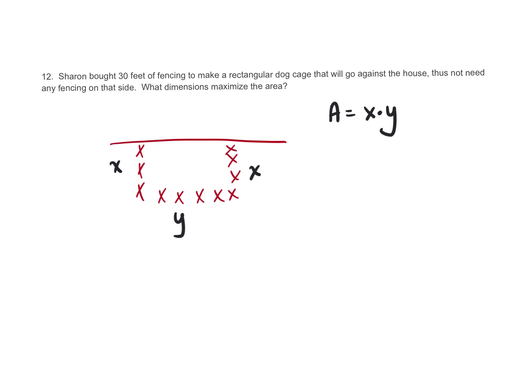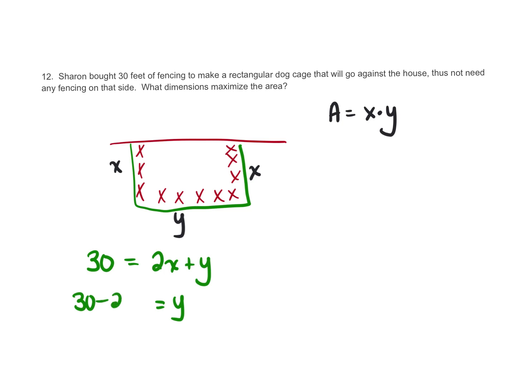It's the 30 feet of fencing. There's only 30 feet of fencing to go around this to maximize my area. So my 30 feet of fencing has to equal the 2 x's and the 1 y. So why this is beneficial is I can just subtract the 2x, get y equal 30 minus 2x, and if I substitute it in, I'm going to get x times 30 minus 2x, or area equals 30x minus 2x squared.